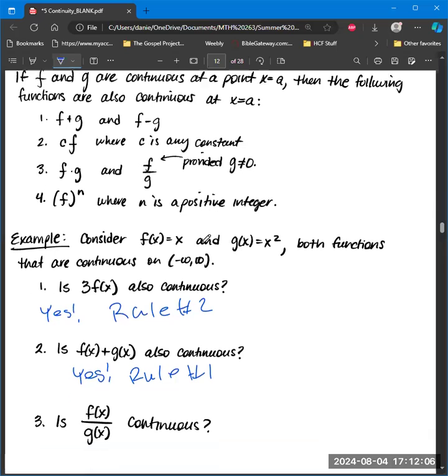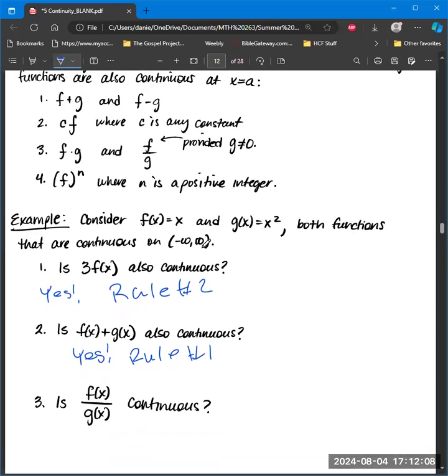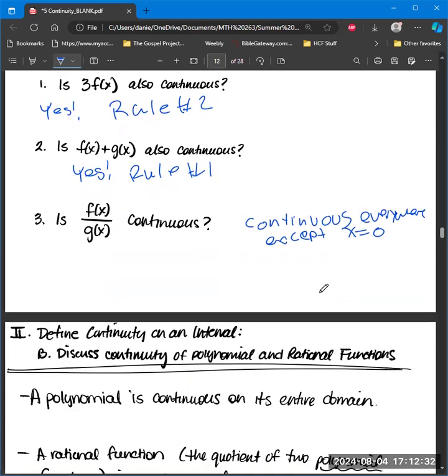How about f of x divided by g of x? Be careful here. Continuous everywhere except x equals 0, because that's where x squared is going to be 0, and we can't divide by 0.